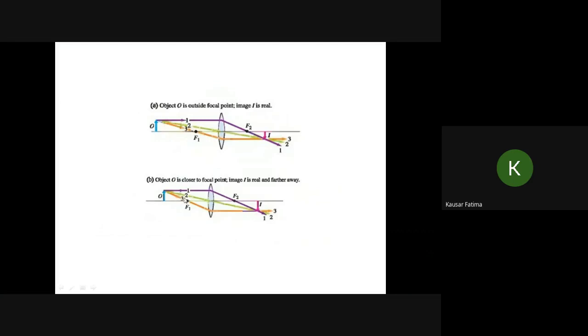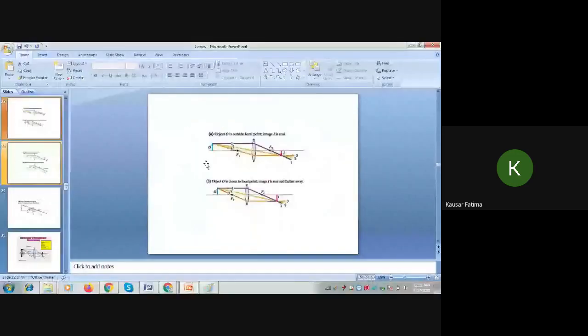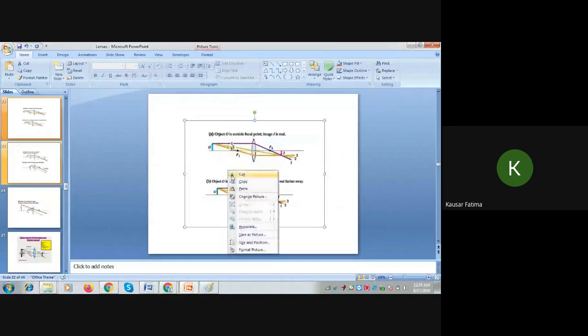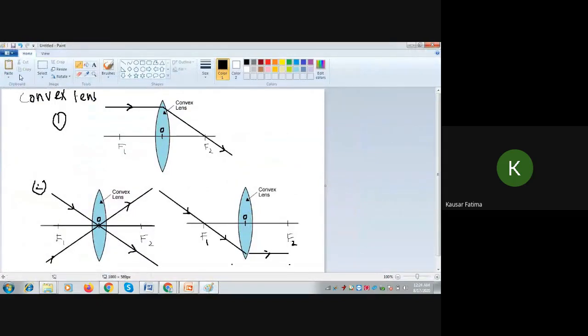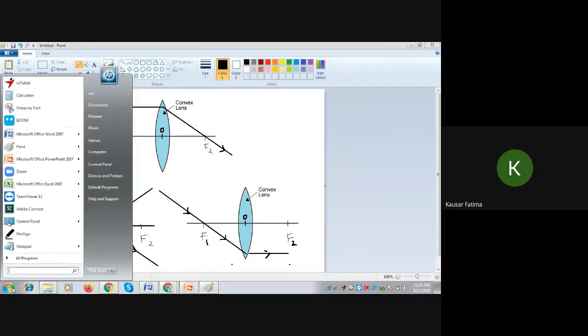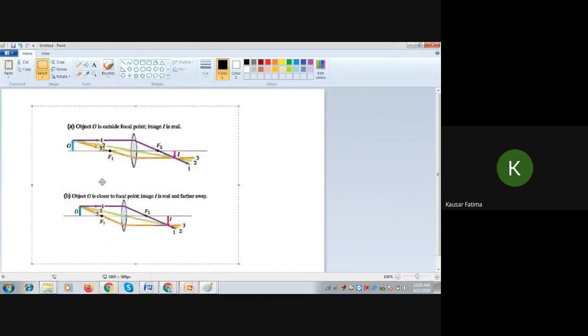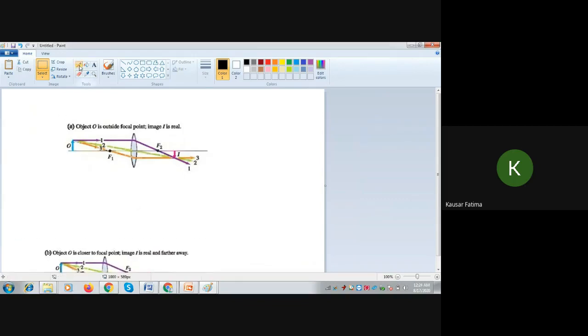Let me tell you what f and 2f are. This is the first ray going parallel to the principal axis.